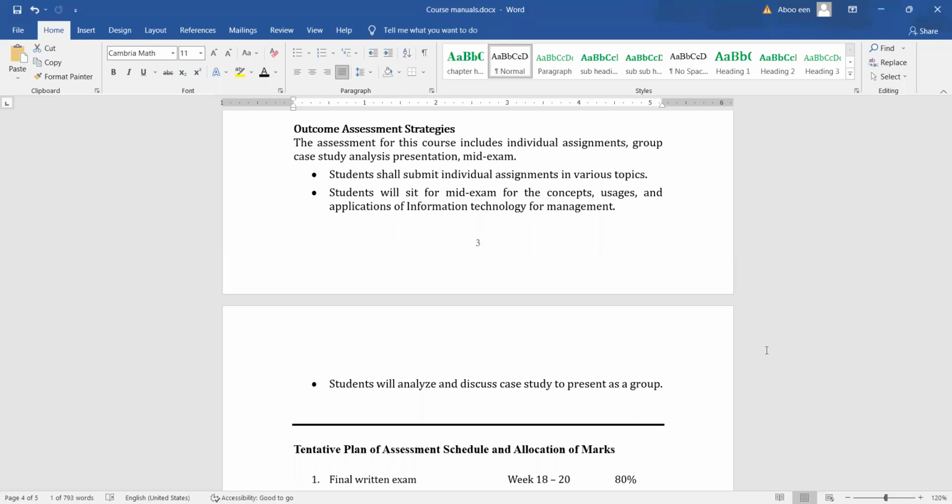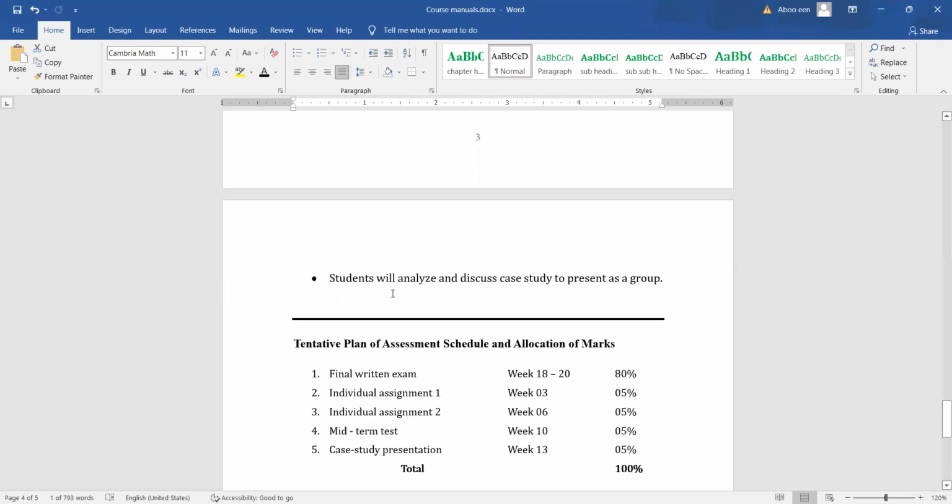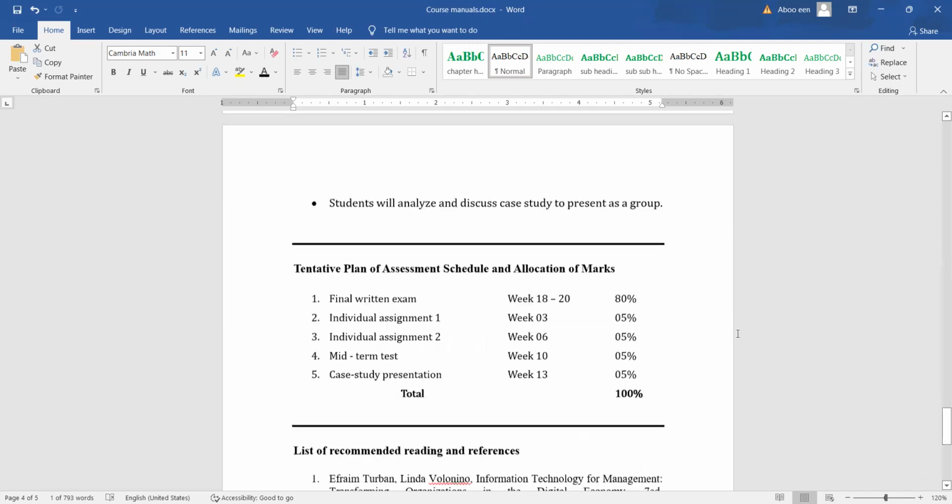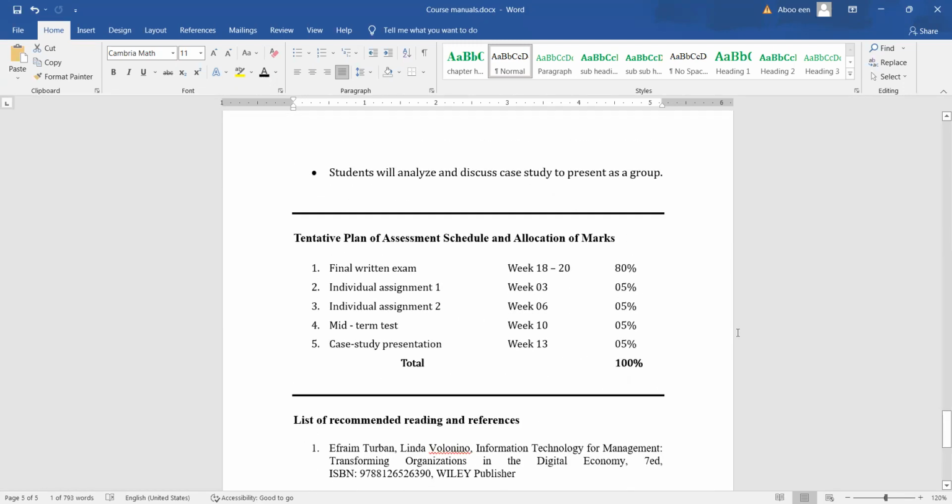Students will sit for a midterm exam on the concept, usage, and application of information technology for management. And the students will analyze and discuss a case study and present it as a group. So you will be given a case study, and you have to discuss it, analyze it, and present it.